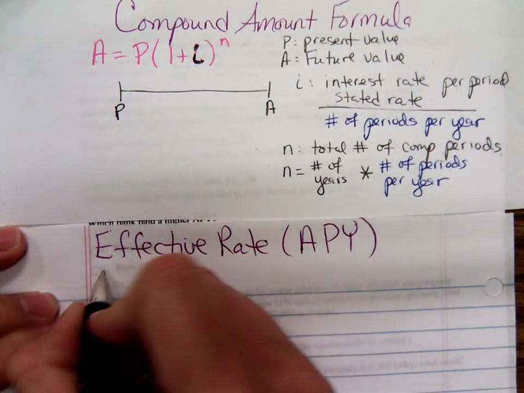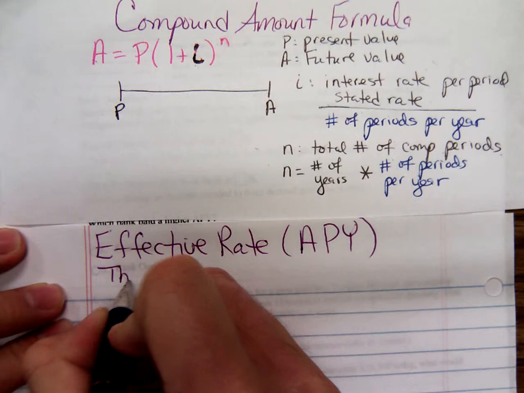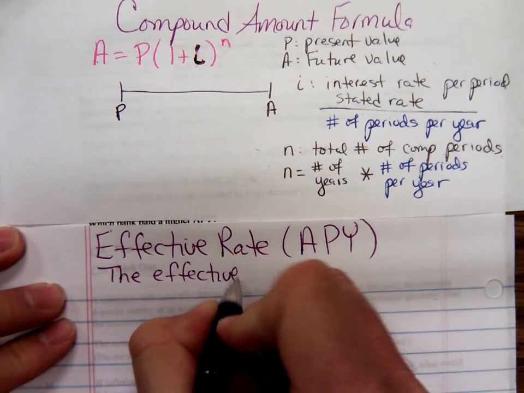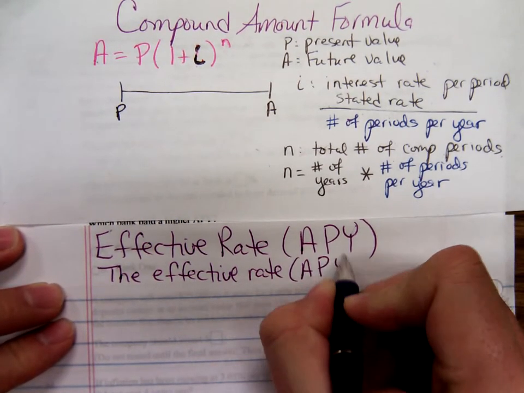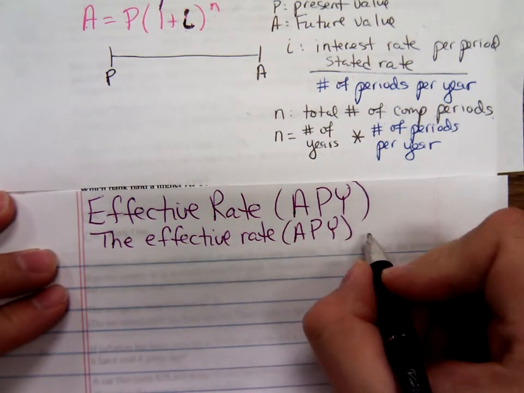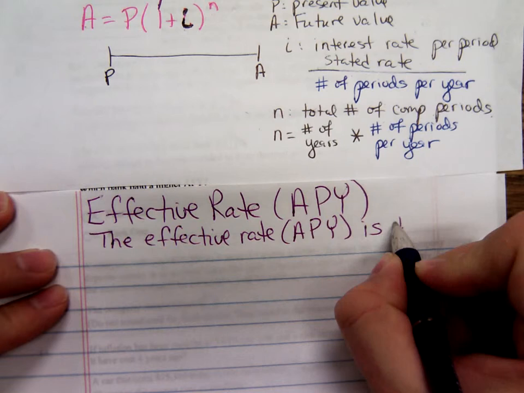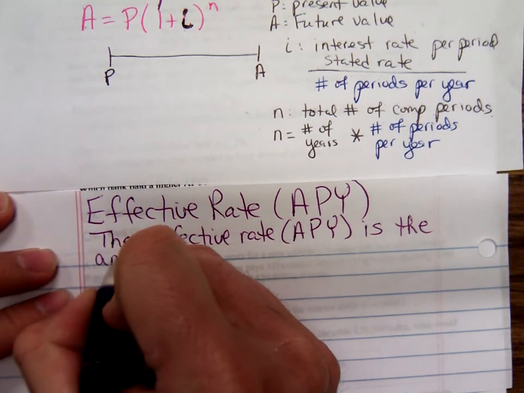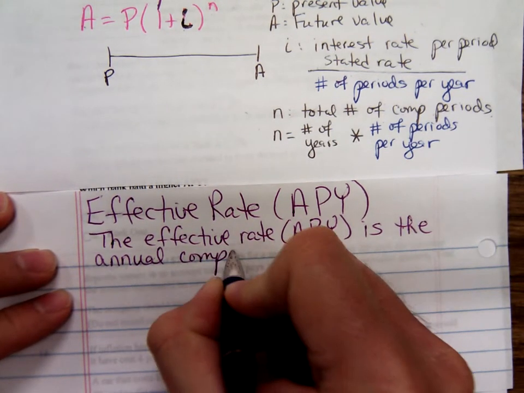And what that effective rate, or APY, annual percentage yield, is, is the annual compounding rate.